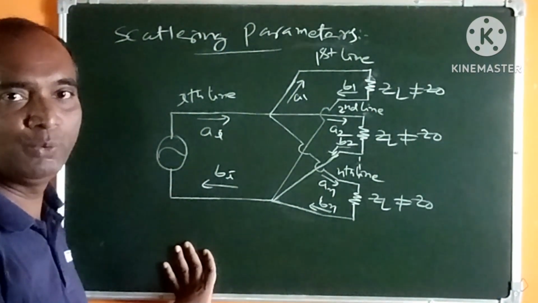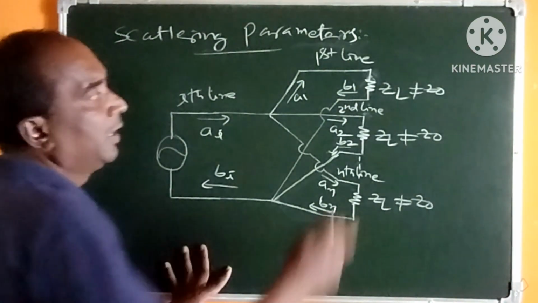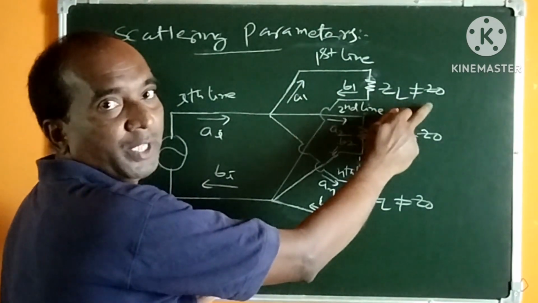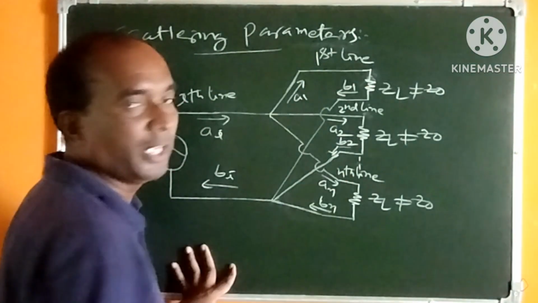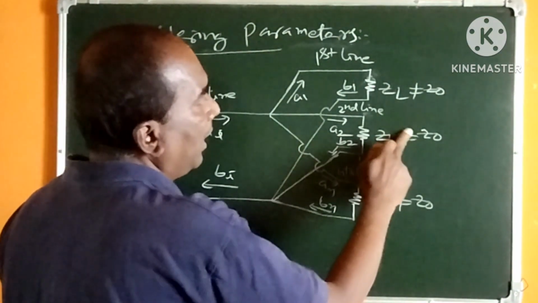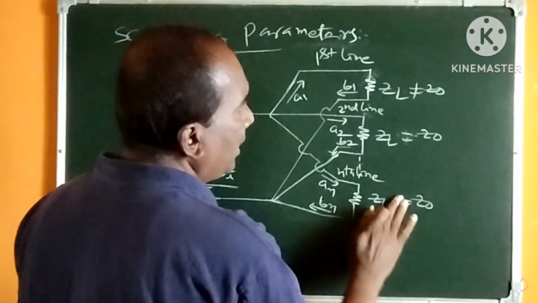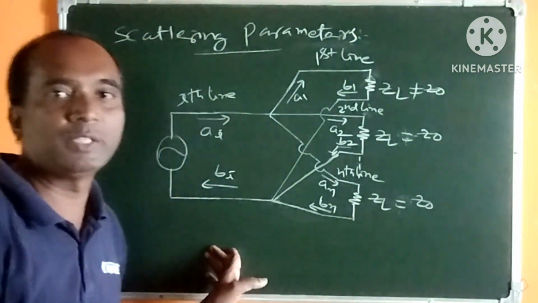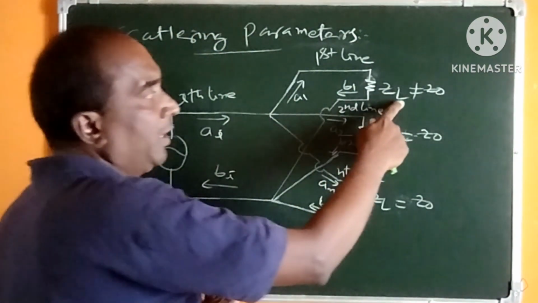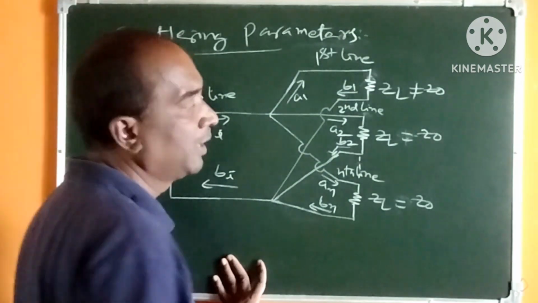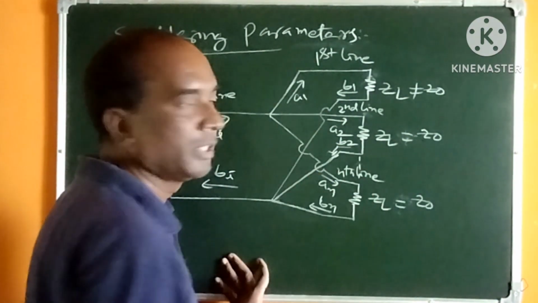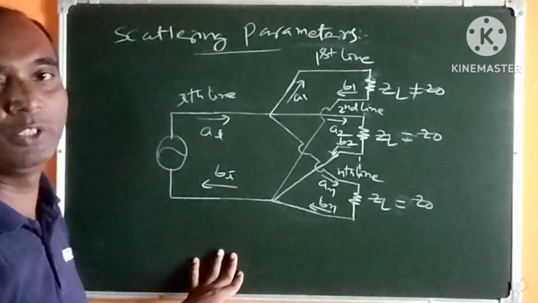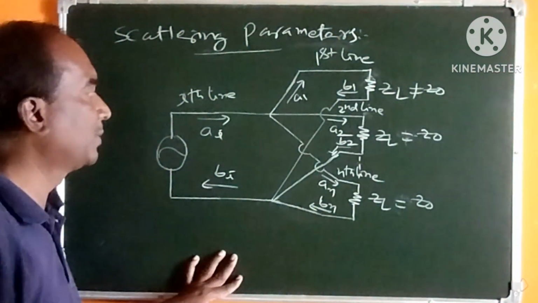In the first case, let me consider the first line is not terminated with the characteristic impedance, and the other lines are connected with load impedance equal to the characteristic impedance.